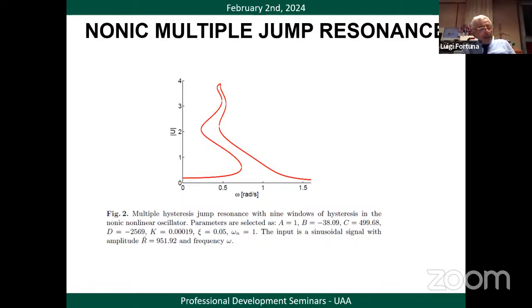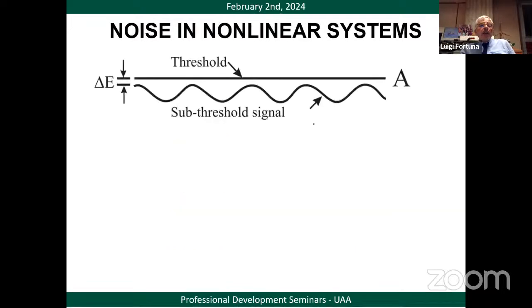Now, as a very brief last discussion: noise in nonlinear systems. If you have noise in a linear system, it is very dangerous. While in a nonlinear system, if the level of noise is suitable, we could have what is called stochastic resonance.